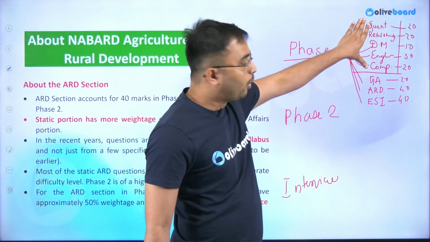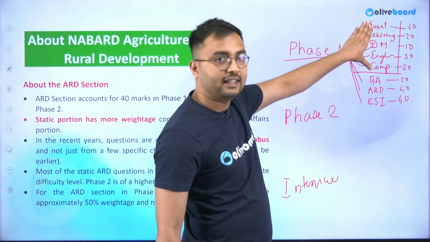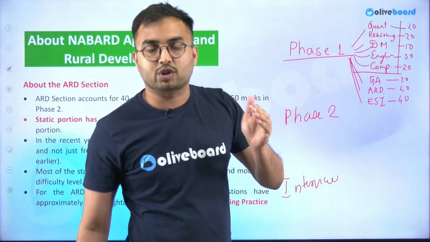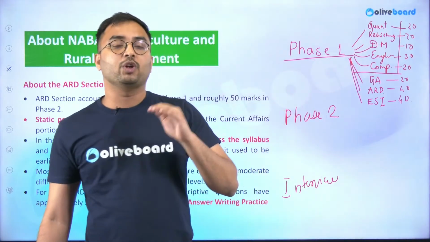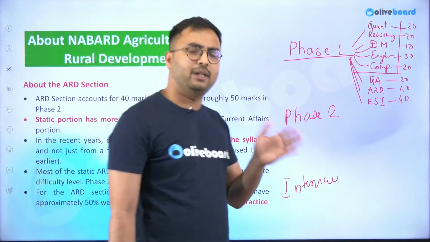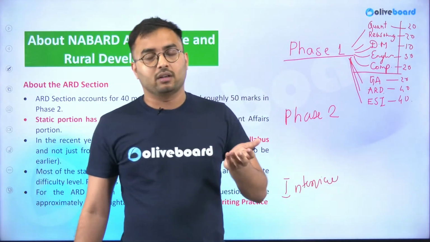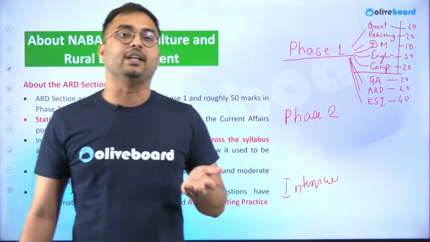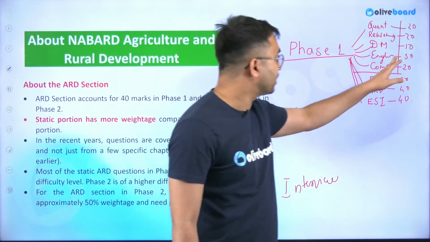Now in total there are 8 subjects. The top 5 subjects which I have written at the top are qualifying subjects. Qualifying in the sense that it doesn't matter how high you are scoring, you just have to clear the bare minimum cutoff. For example, the decision making cutoff last year for NABARD Grade A 2023 was just 1.5 marks or 1 mark out of 10 marks.